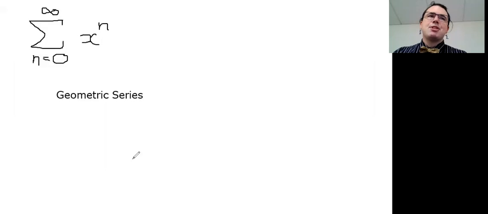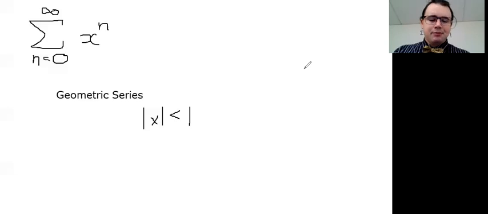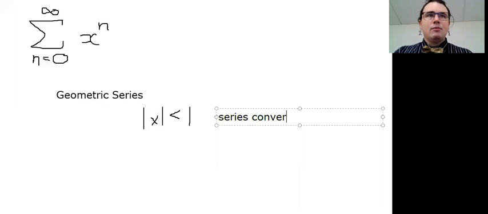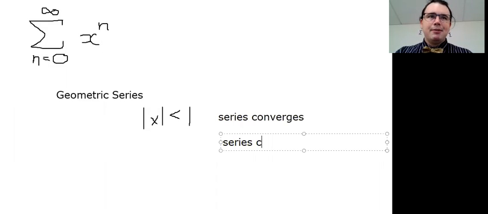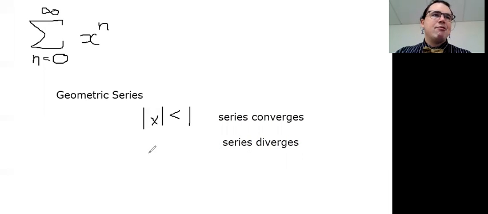But I can use the geometric series test very quickly here. This converges as long as x is a number whose absolute value is less than 1. If x's absolute value is greater than or equal to 1, then the series diverges.